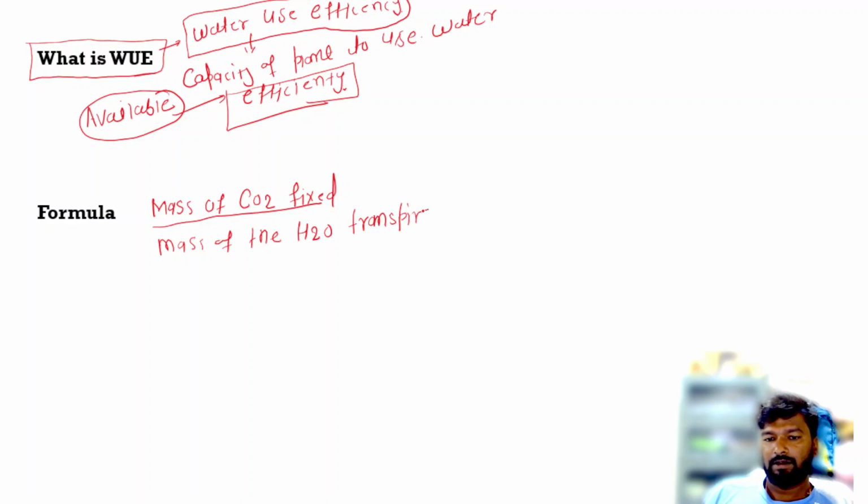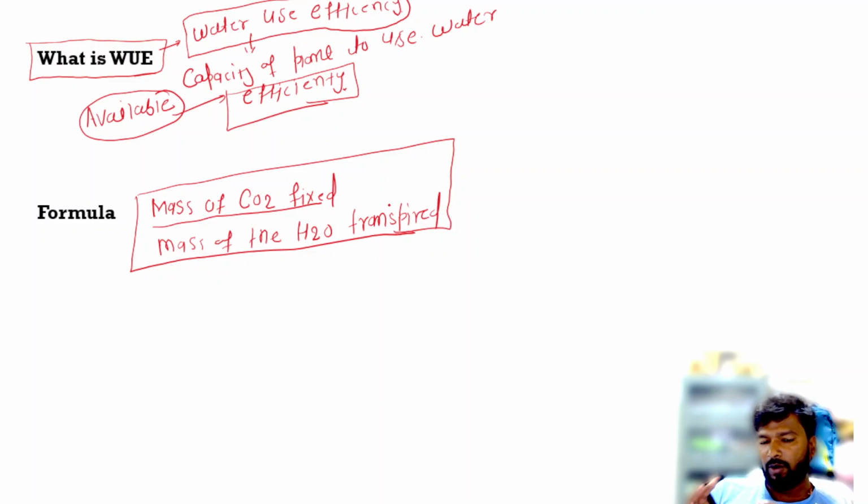Okay, so we can define the water use efficiency on a mass basis by the mass of CO2 fixed, means how much CO2 is fixed by the plant and how much H2O or water is transpired by the stomata. So this is the mass basis.